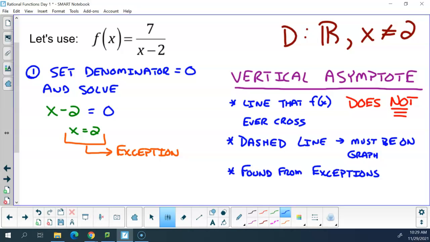So in this particular case that we just had, x equals 2 was an exception. So x equals 2 is our vertical asymptote. Okay? It's the exceptions, the restrictions in your domain. Okay?